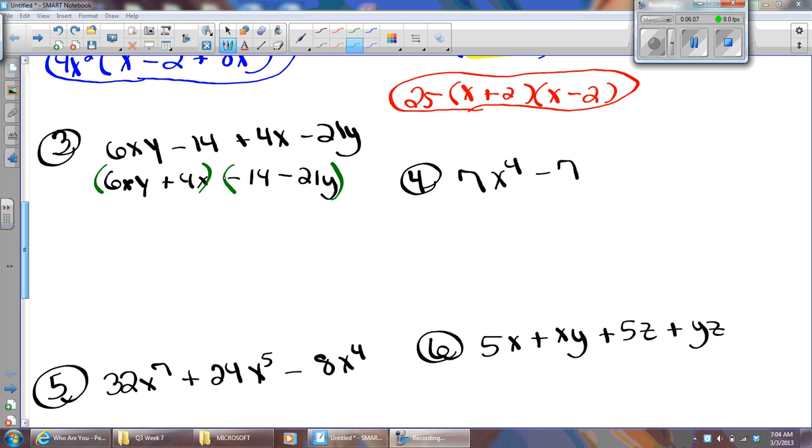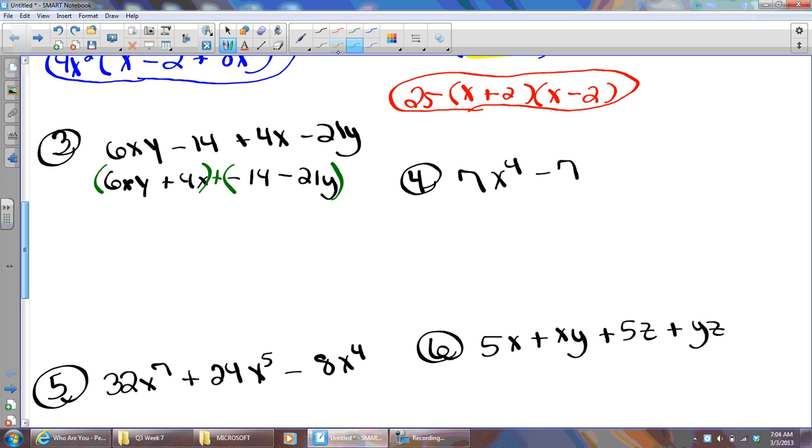Excuse me there, I had to sneeze really quick. I put a plus in between. Now I go looking for the GCF of 6xy and 4x. Well, GCF of 6 and 4 is 2, and the GCF of the variables is just x. So I pull a 2x out, and I'm going to be left with a 3y plus a 2.